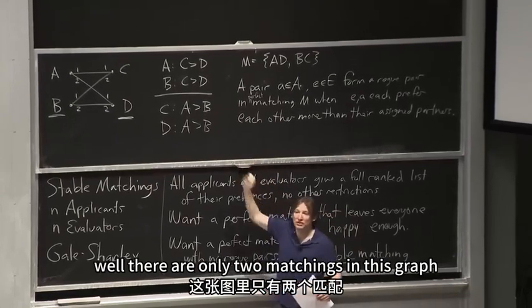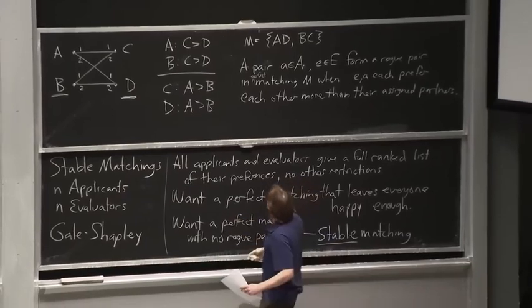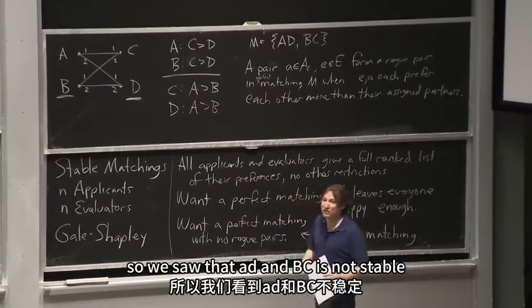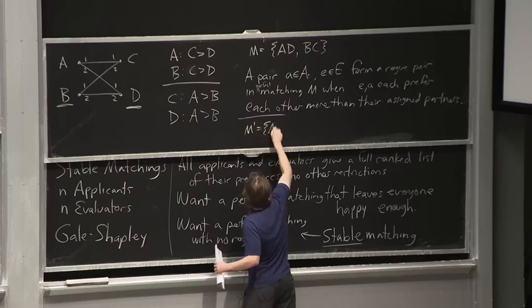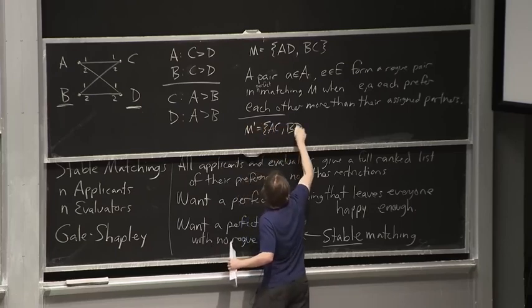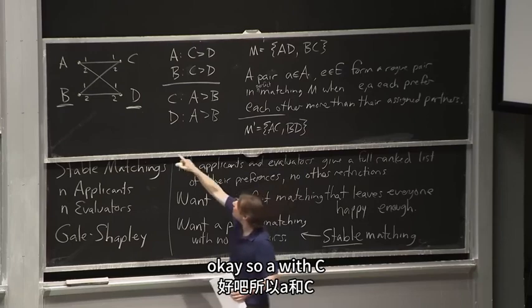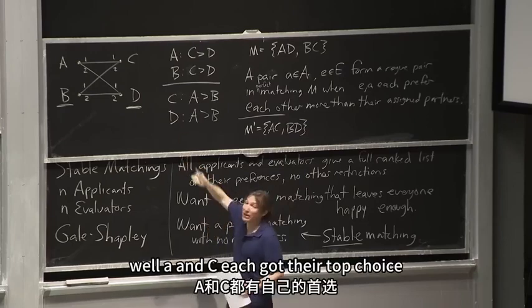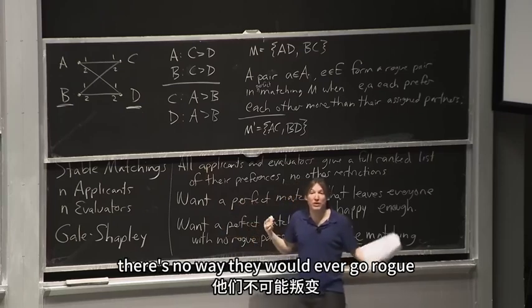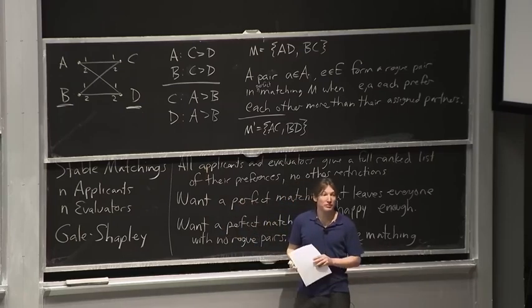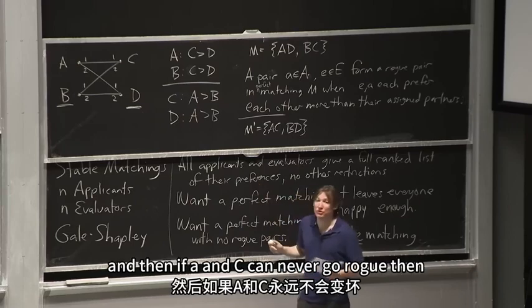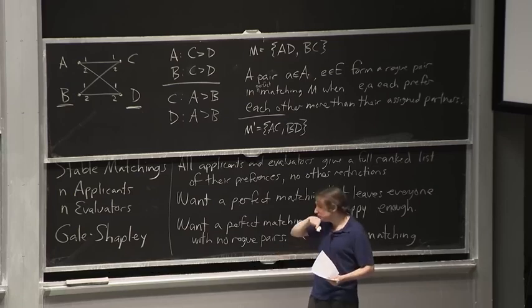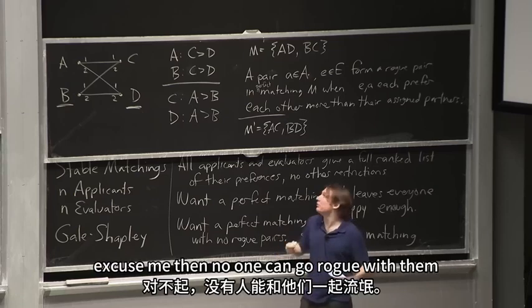Well, there are only two matchings in this graph, so let's check the other one. So we saw that AD and BC is not stable. What about AC with BD? OK, so A with C. Well, A and C each got their top choice. There's no way they would ever go rogue. And if A and C can never go rogue, then no one can go rogue with them.